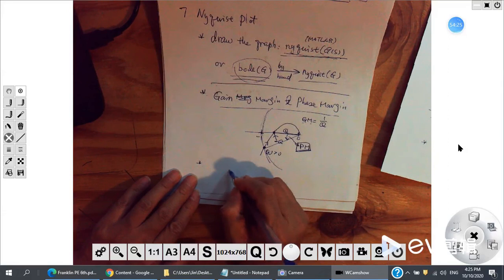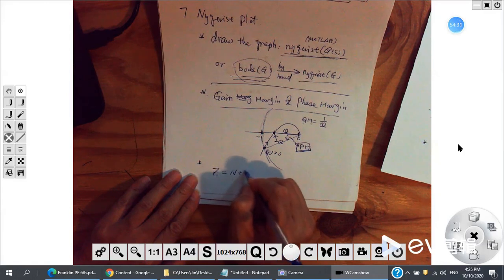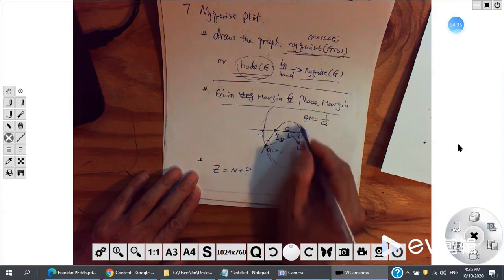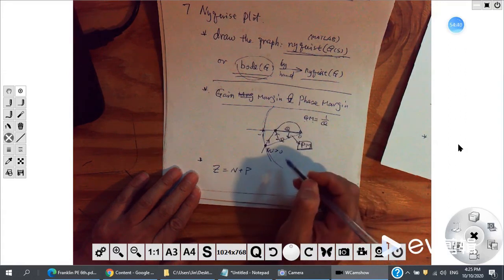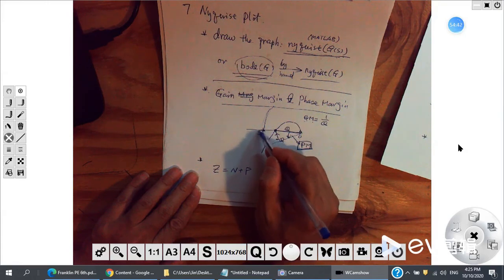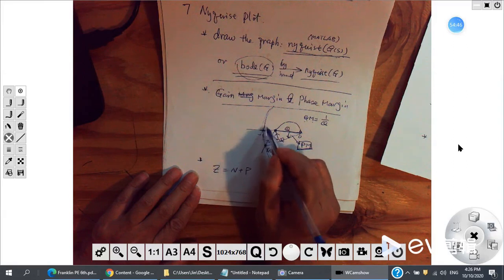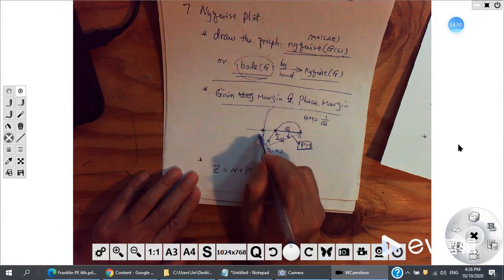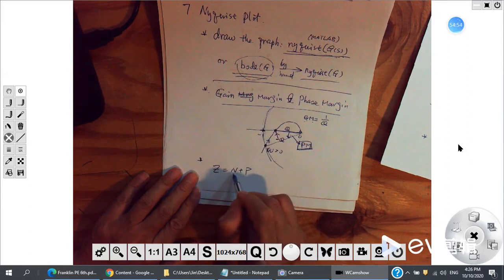It is, let me see, Z equal to N plus P. N is how many times the whole Nyquist plot surrounds this -1. If surrounded clockwise, then that N is positive. If surrounded anti-clockwise, this will be a negative value.